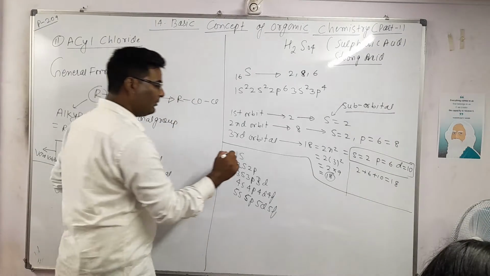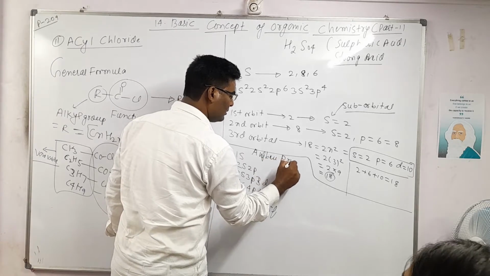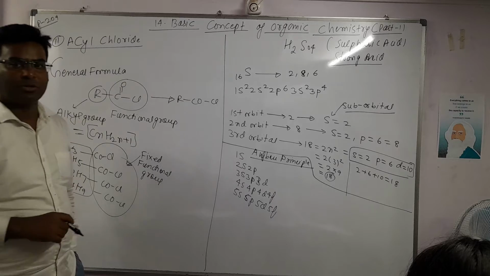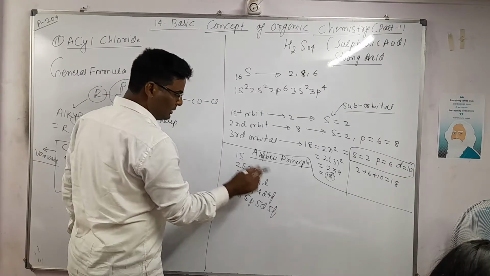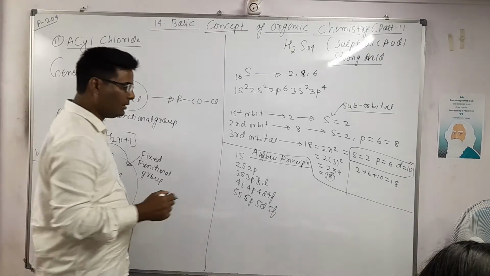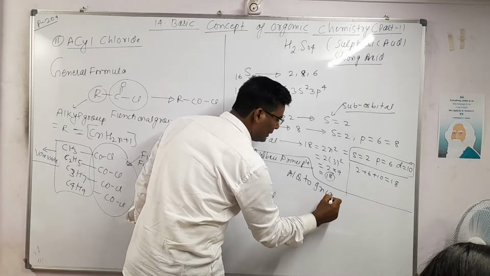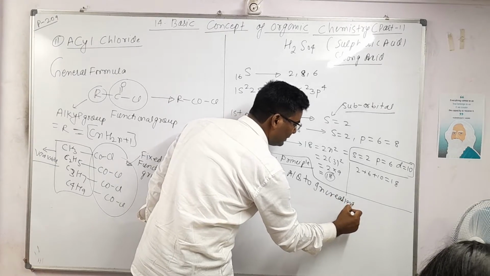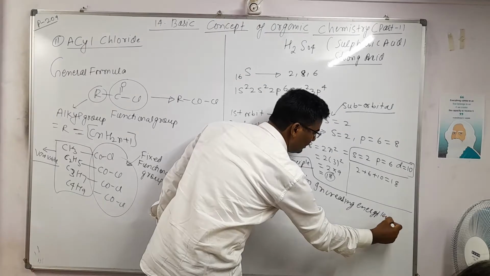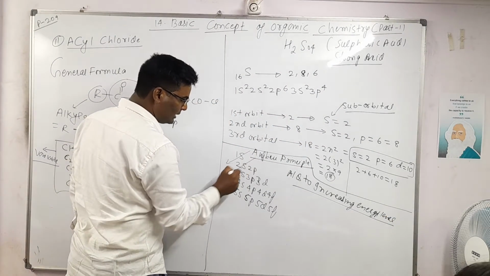So according to the Aufbau principle, this should be arranged in increasing energy level. For that purpose you just have to cut it diagonally.